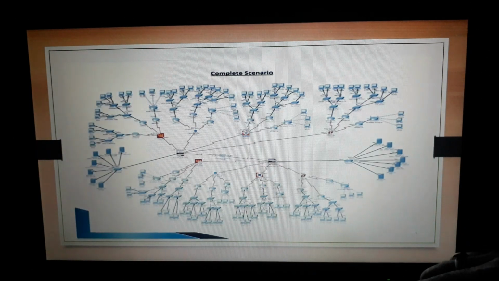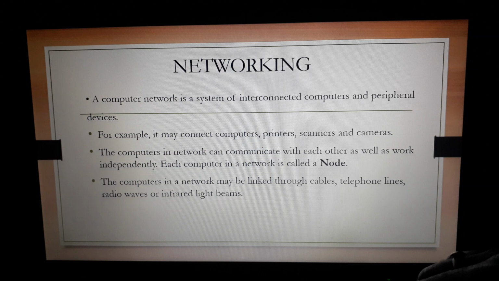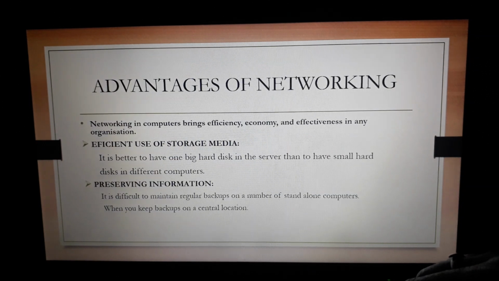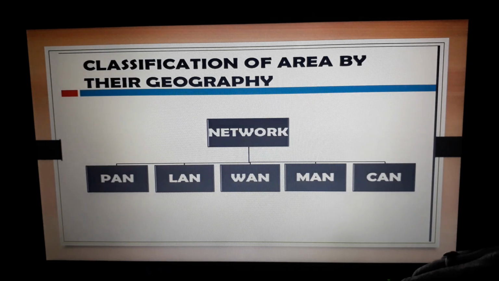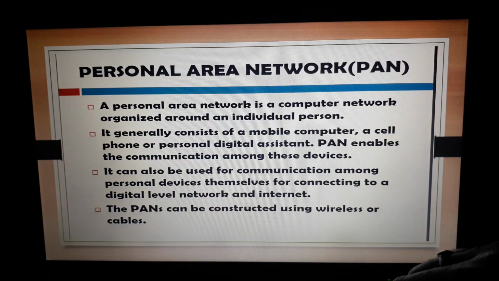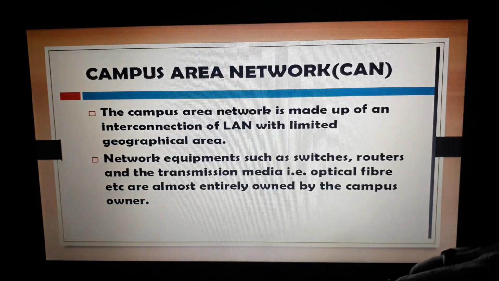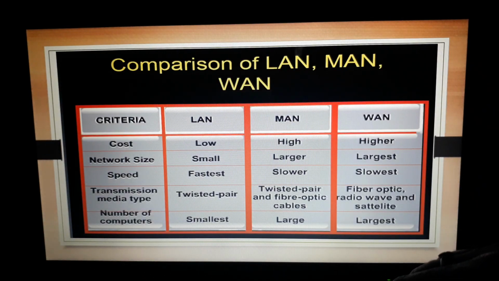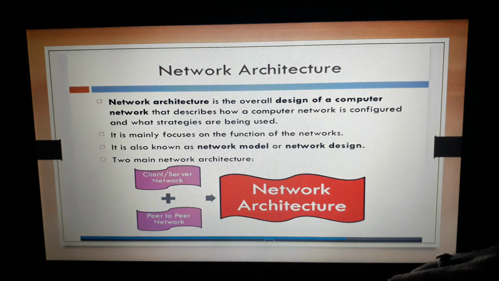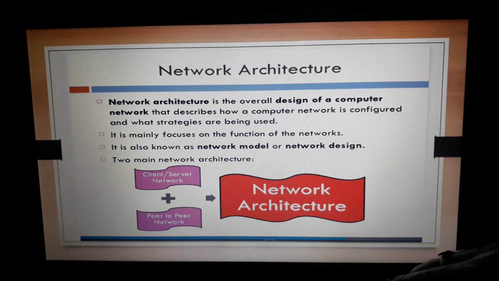Then I showed you railway network and bank network images, the definition of a computer network, the advantages of networking, and the types of networking like PAN, LAN, WAN, MAN, CAN, along with their definitions. Then the comparison of LAN, MAN, WAN, and now network architecture. So today I start from here.